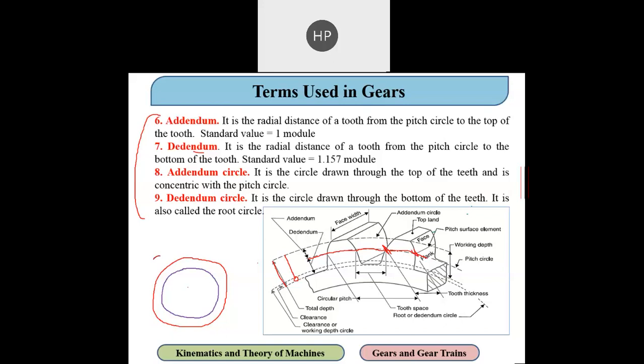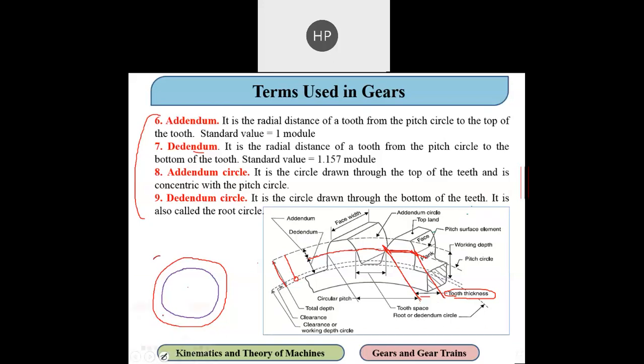Whatever the distance between these two is considered as the thickness. So if you extend this line here, and extend this line here, whatever the gap is, this is known as the tooth thickness. So you have different tooth thicknesses, but you have to consider the tooth thickness which is along the pitch circle. So this is the tooth thickness.